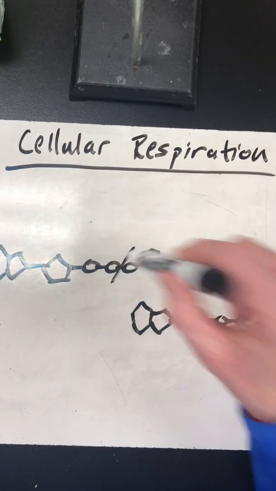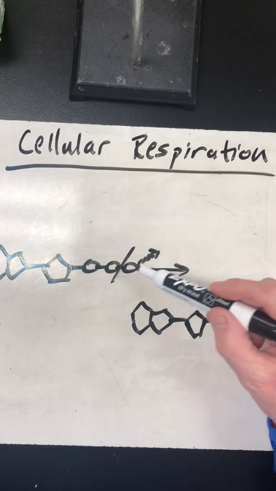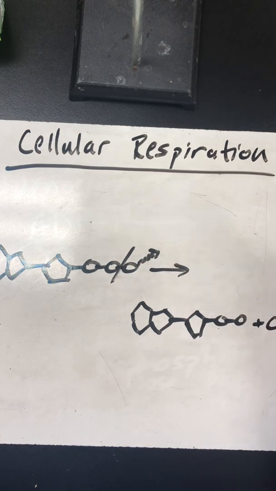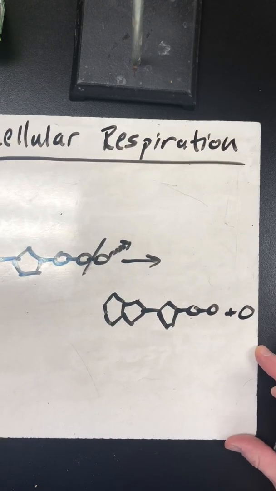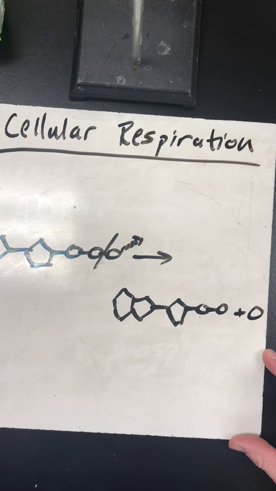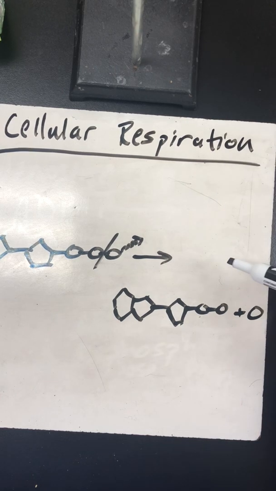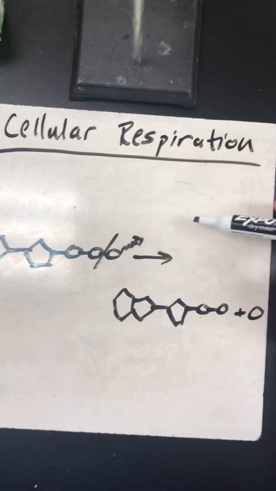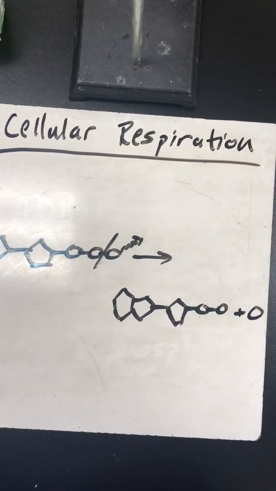I broke that bond to allow the energy stored in that bond to be released to allow work to happen in the cell. That's a bad drawing. I apologize for that. But that's pretty much it. Okay, so cellular respiration produces ATP. ATP is energy. It has chemical energy that we release when we break the bonds in that phosphate tail.